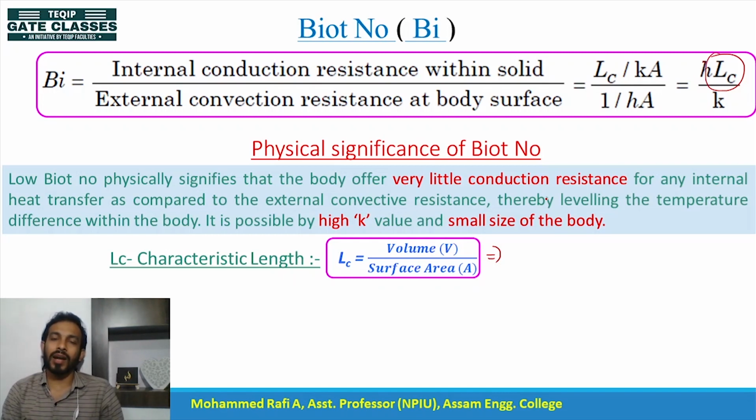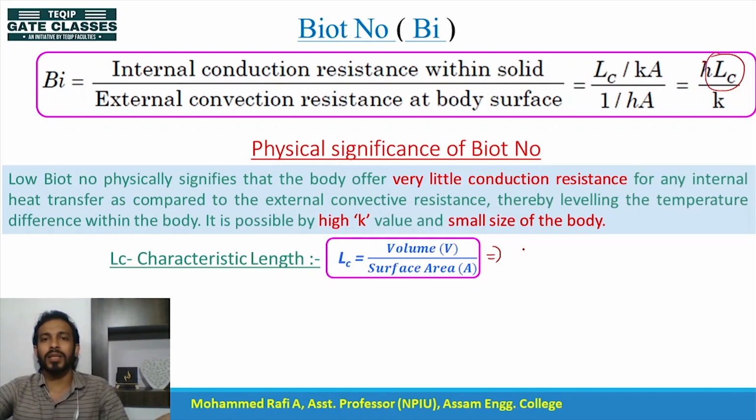For that we have some definition for characteristic diameter or characteristic length. In case of free convection across a pipe or over a flat plate, characteristic length is also very important.